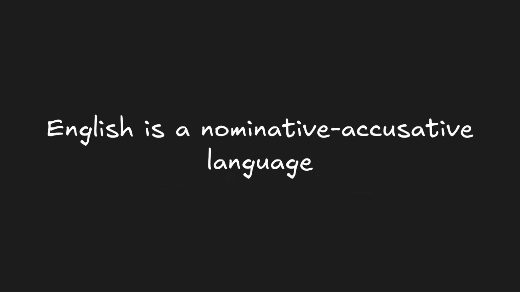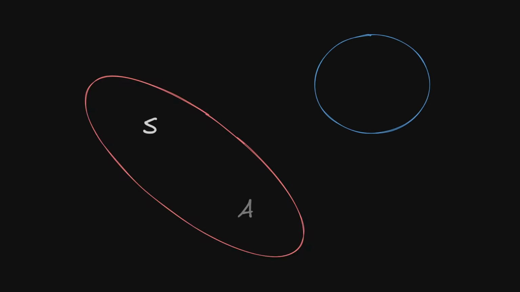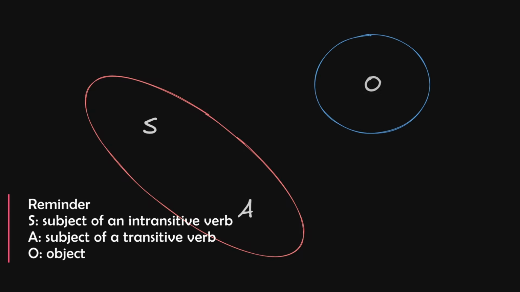While English is a nominative-accusative language, it's not too obvious most of the time, except when looking at pronouns. So we'll first look into examples with English, but then with another language to make sure the picture is clear for you. As I mentioned, in this alignment, the subjects of transitive verbs and of intransitive verbs are treated the same way, but not the object. Now let's look at an actual example with English. Henry slapped Joe.